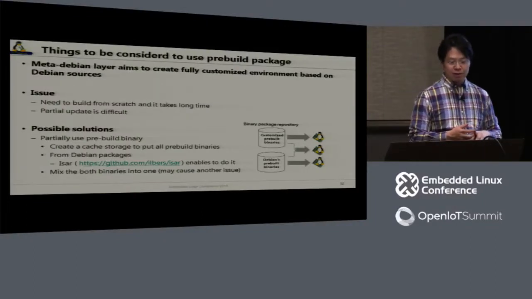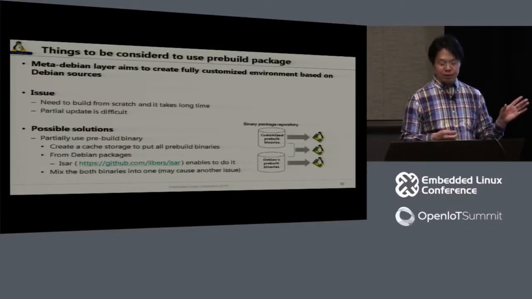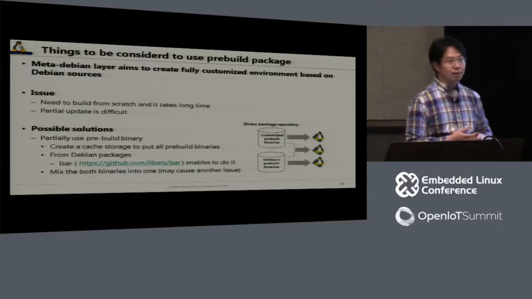And I said we would like to have a pre-built package environment because the issue we currently have is we need to build from scratch and it takes a long time. The other issue is that partial update is currently difficult.